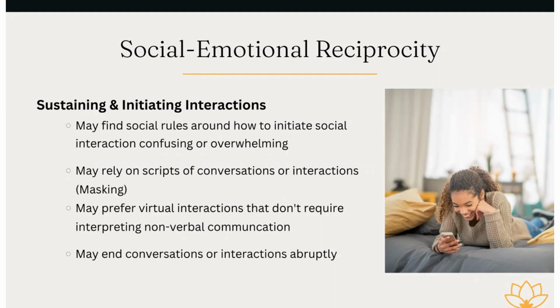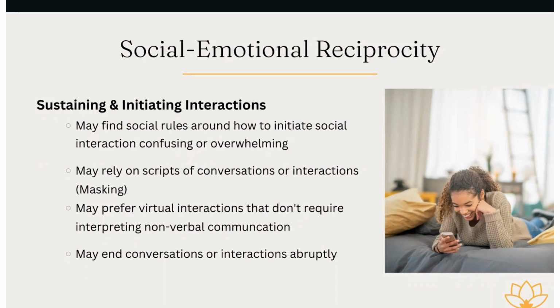They may prefer virtual interactions that don't require interpreting nonverbal communication. Because individuals on the autism spectrum may require some support in learning how to interpret the meaning of facial expressions, gestures, body language, things like that, it can be a little bit overwhelming to try to listen to what a person is saying and then take in all of that other information and try to put it together to determine meaning.